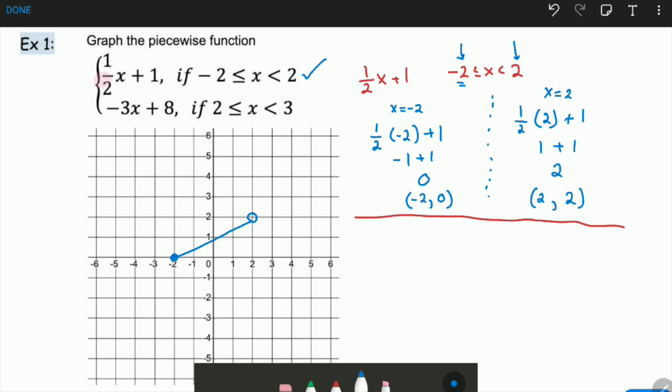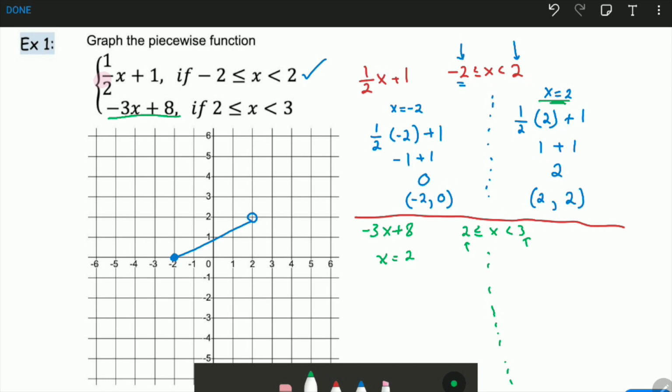I'm going to move on to the second segment, which is -3x plus 8, on the interval 2 less than or equal to x less than 3. Just like before, we're going to use the 2 endpoints, 2 ending x values. So my first endpoint is at 2. Now this value may not be the same as the 2 from the previous segment, so we do have to plug it in.